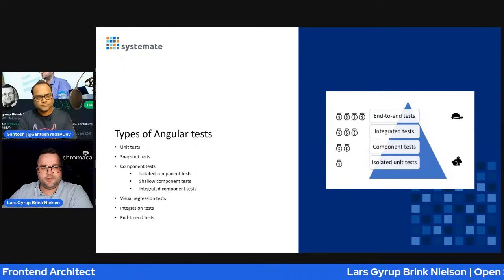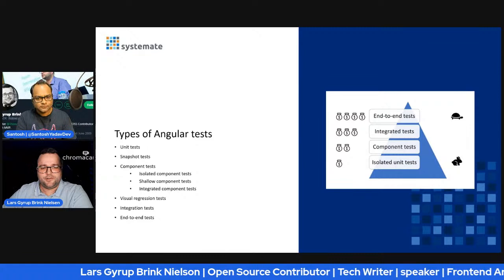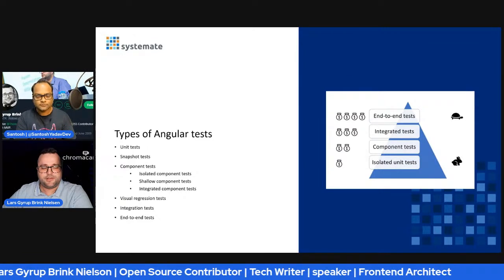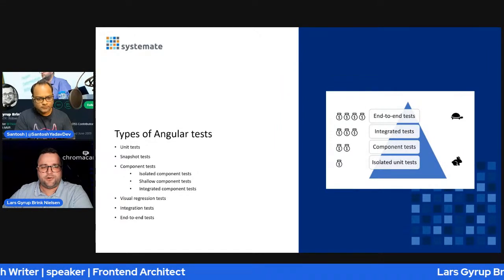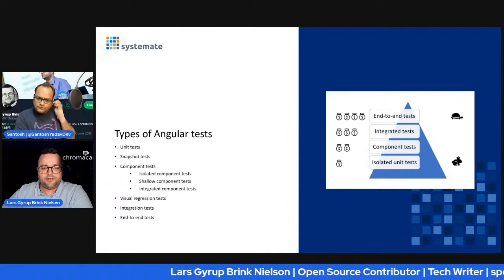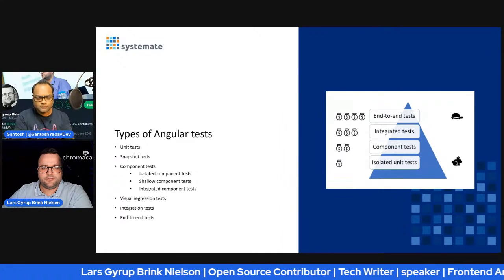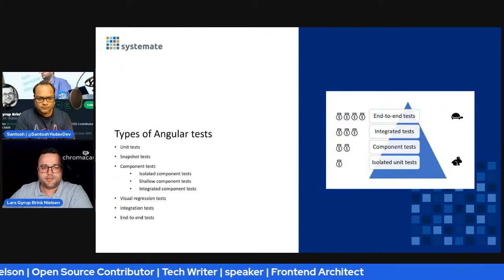And well, the thing is, you do both, or you do all of them. So it's about what should I focus on in unit tests, what should I focus on in component tests, what should I focus on in integration tests, and what should I focus on in the end-to-end tests. And this pyramid, the testing pyramid, the blue one, is a classical example. It's not considered very valid anymore, but it used to say that you should have very few end-to-end tests, more integration tests, and the most unit tests.